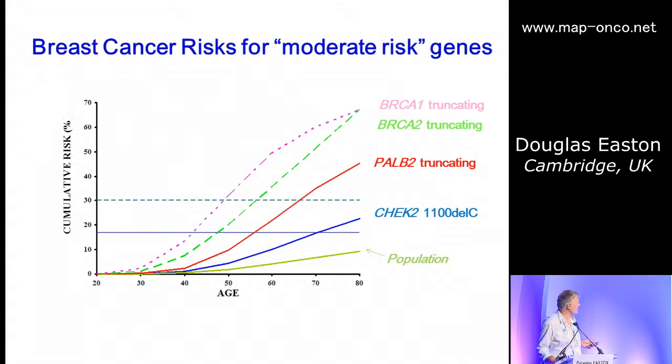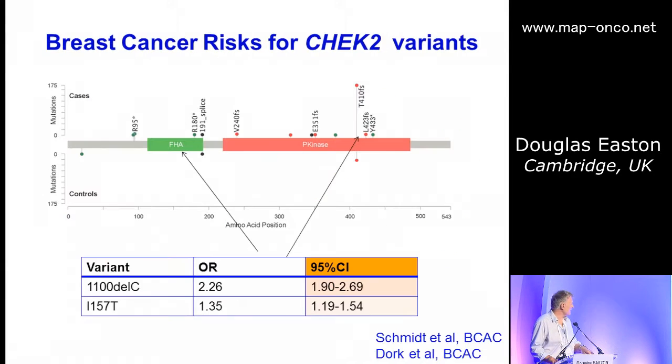But it's important to remember that these risks are highly variable. How you would counsel somebody who has a BRCA1 and 2 mutation is quite different from somebody who's a carrier of some of these other variants. And one of the challenges is that the risks depend not only on the gene, but also on the variant. So this is a classic example, which is the CHEK2 gene, one of the other DNA repair genes.